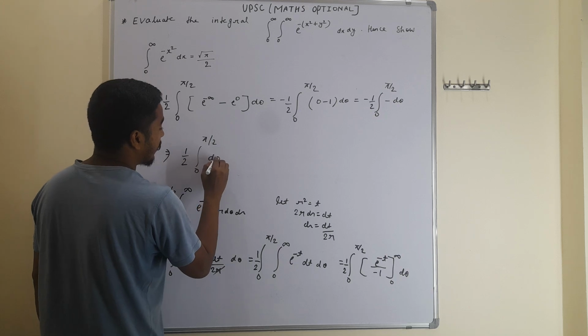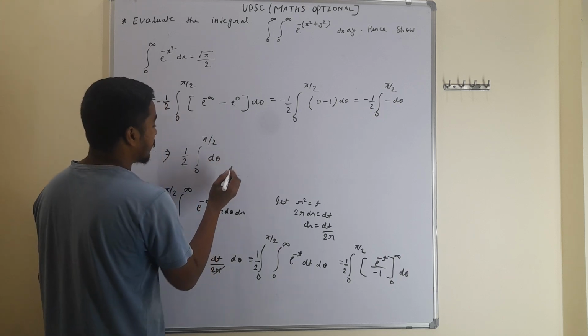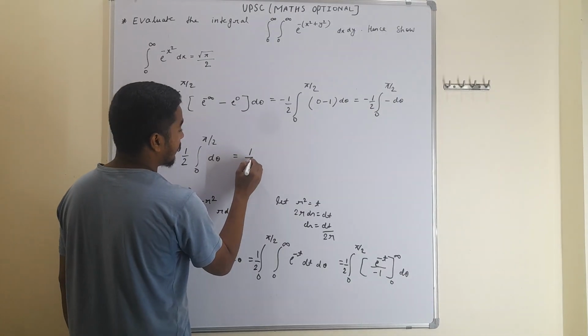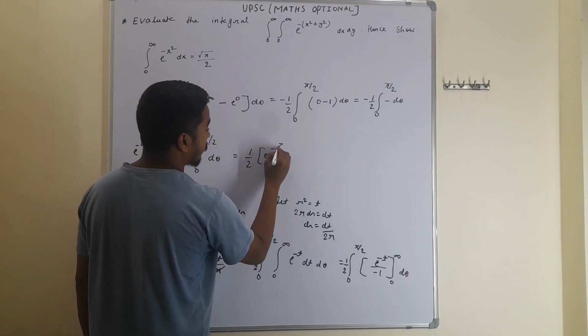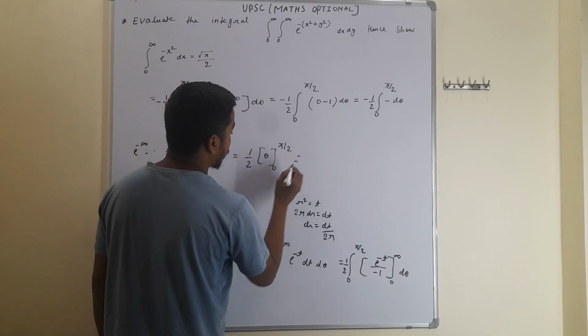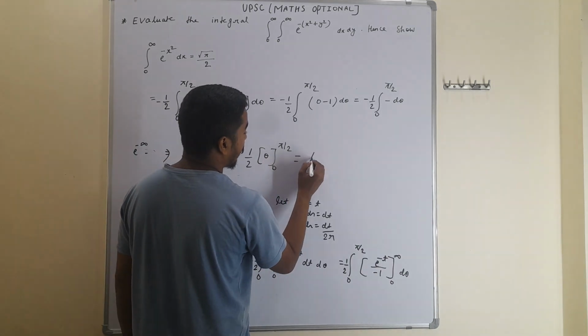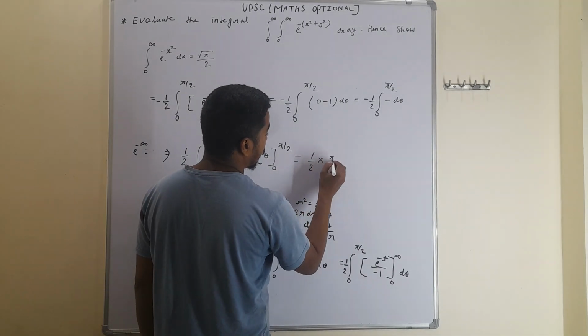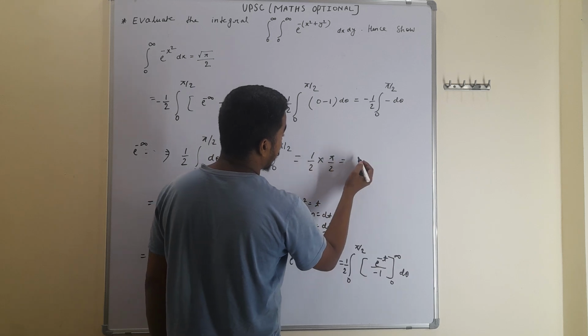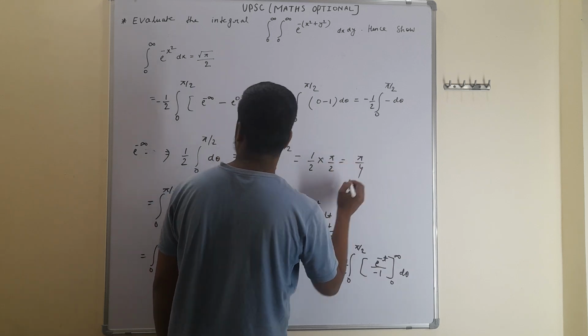On integration of d theta we get theta, so 1 by 2 putting the limit 0 to pi by 2, that is 1 by 2 on applying the upper limit pi by 2. This is the value pi by 4.